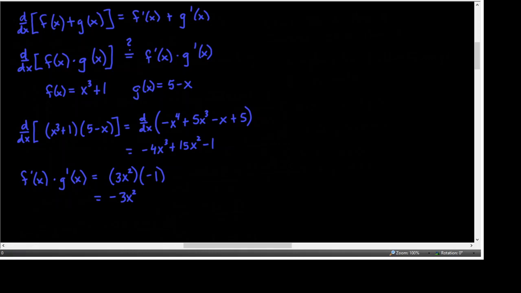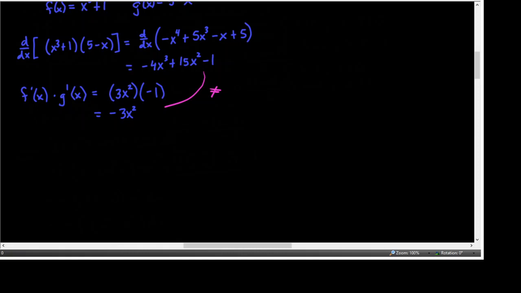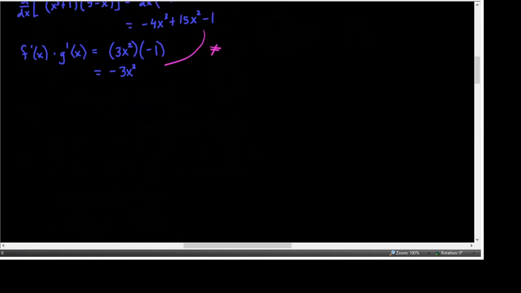Are those the same? Nope. Those two things are not equal. So that is not the product rule. That's what a lot of people start out thinking, but with a simple example like that, you can see that the derivative of a product is not simply the product of the derivatives.